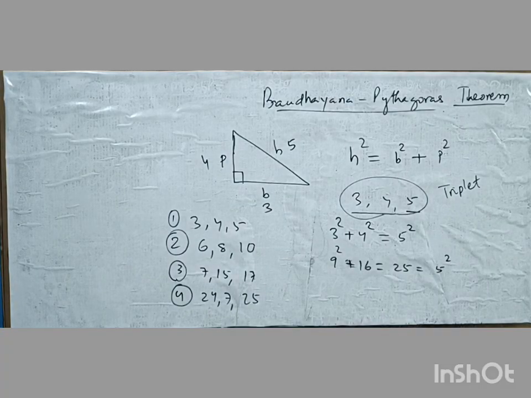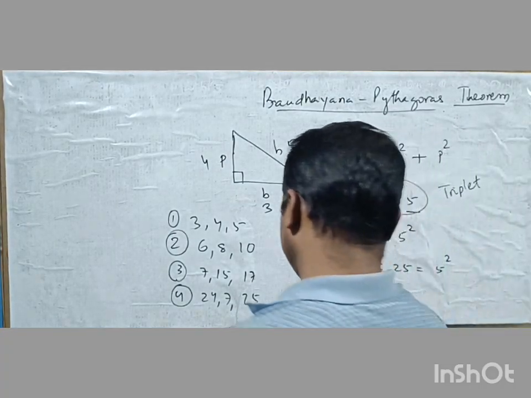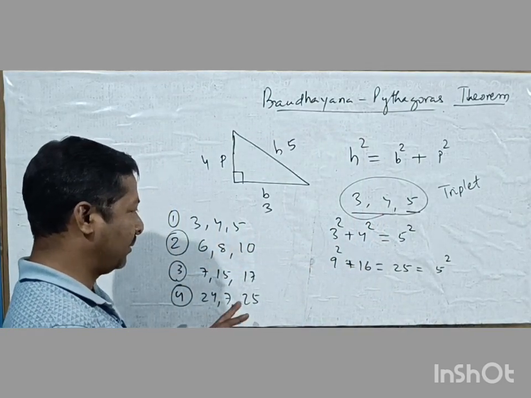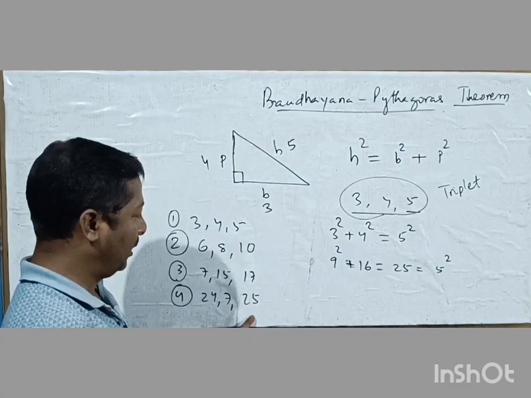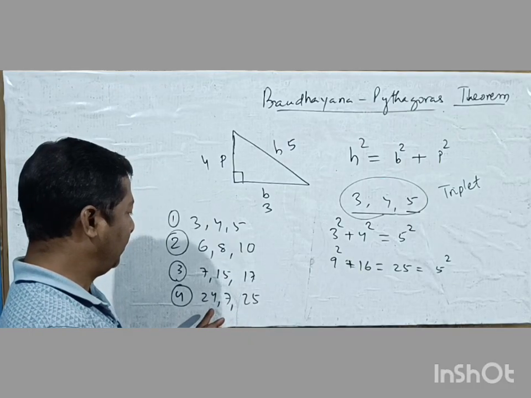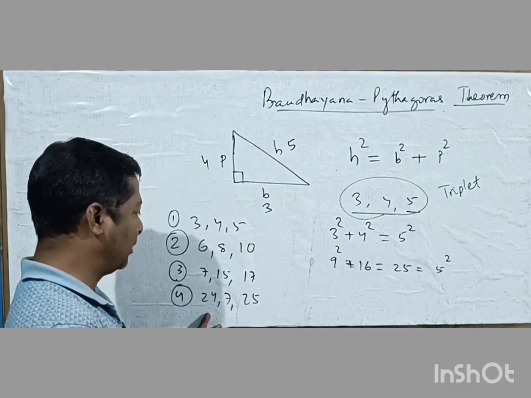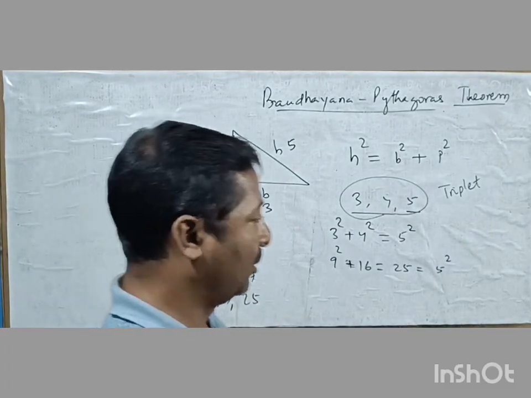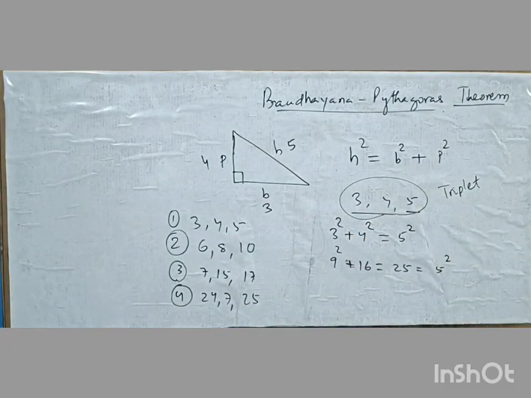So these are the triplets. It means the sum of the squares of the two sides except the longest side will be equal to the square of the longest side. This is called the Pythagoras theorem.